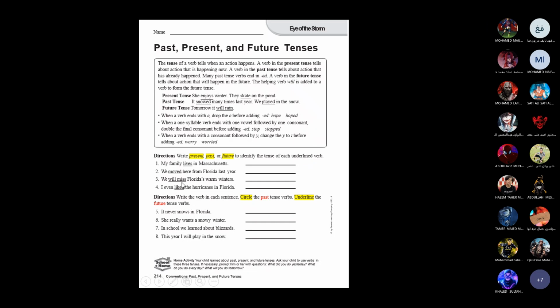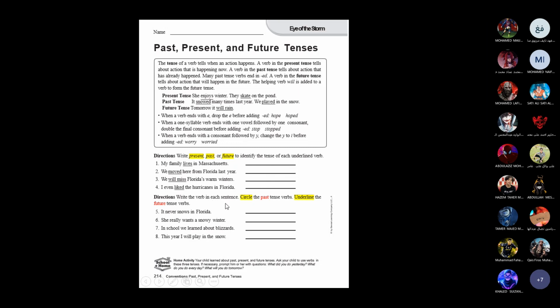That means you have already underlined verbs here, but you have to mention that the underlined verb is present, which has s or no s. Past has ed or a different spelling. Future has will or not.